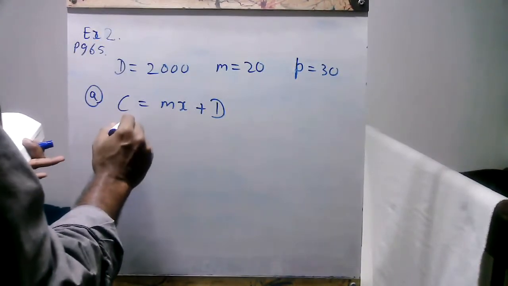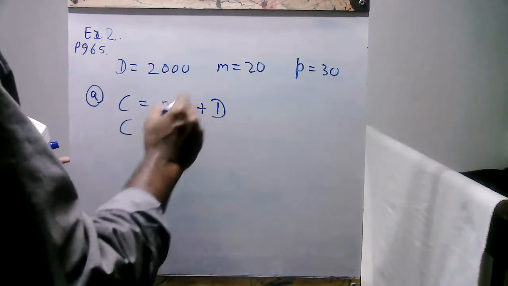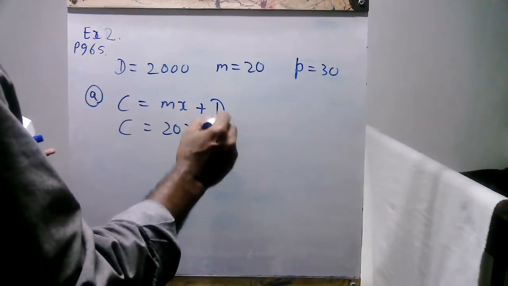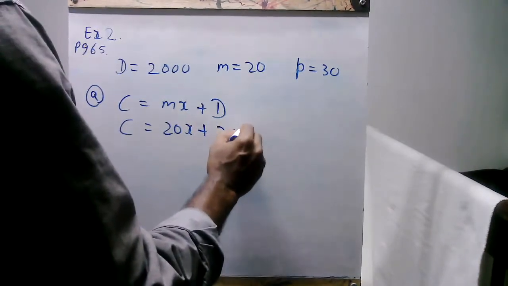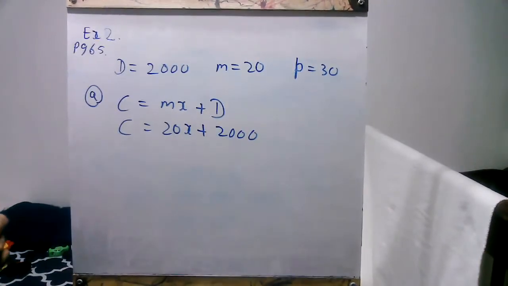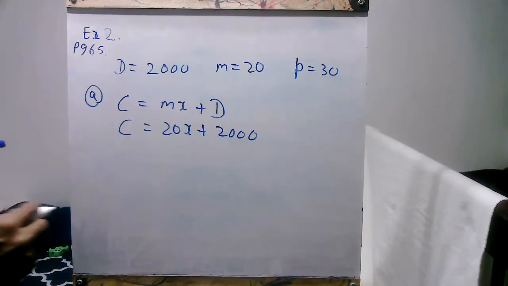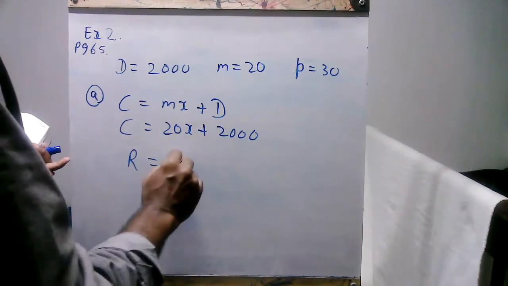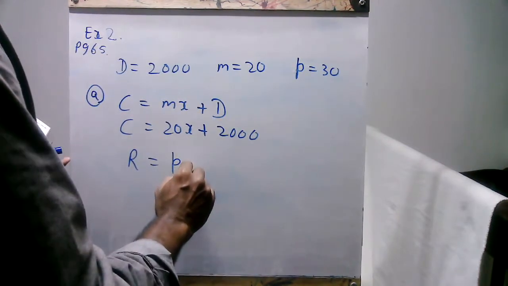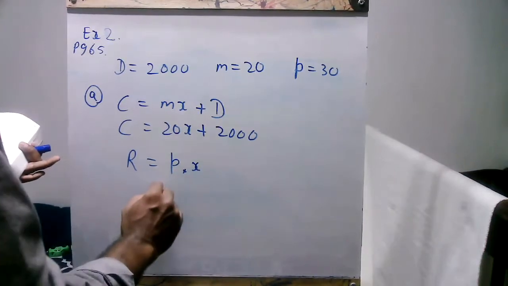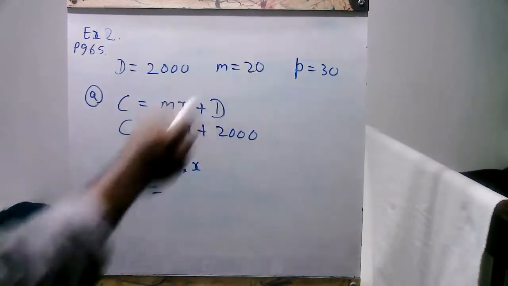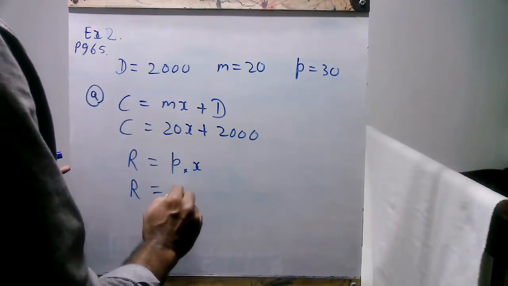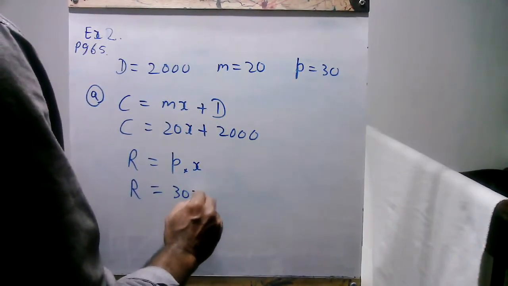Substitute values, we get C equals m is 20, x plus d is 2000. That's the cost equation. Revenue equation is what? Price times number of items. Price is 30. Therefore it is R equals 30x.